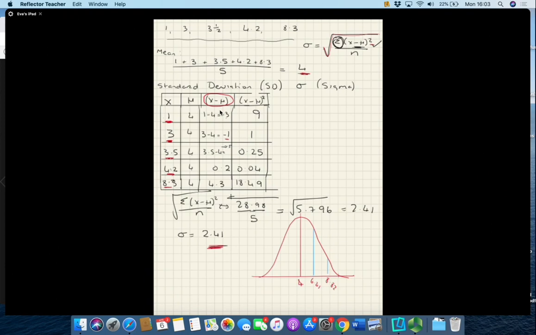Let me get my calculator for the third one. 8.82 plus 2.41, so then I'm up at 11.23 for that one. In a similar way, I go down 3 standard deviations, so I break the lower half into 3 as well, and my value down here is 4 minus 2.41, which is 1.59.